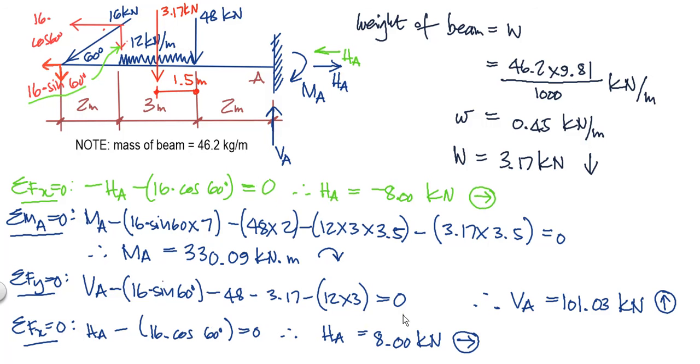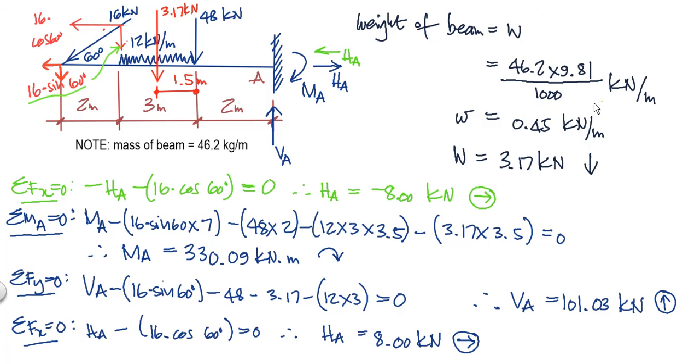Okay, people. I think that's all I'm going to do for cantilevers. This cantilever had a load at an angle. I had to resolve forces into their components. And the beam also had a mass of 46.2 kilograms per meter, which I converted to a weight, and I divided by 1,000 to give us so many kilonewtons per meter.